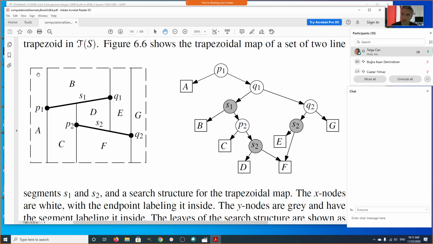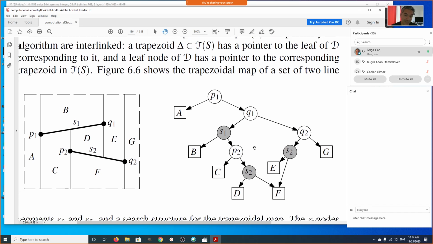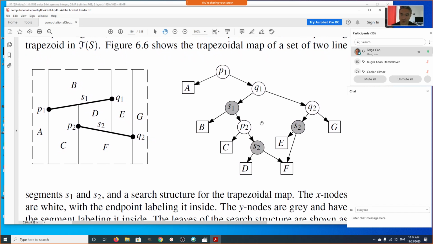In the book, this T is the trapezoidal map, and this D here refers to the search structure that we are going to build simultaneously during the randomized incremental algorithm. So we are going to be inserting these one by one. Right now we are seeing a finished search structure for these two line segments. As you can see, we have vertical extensions from P1, P2, Q1, Q2, from all of the vertices.